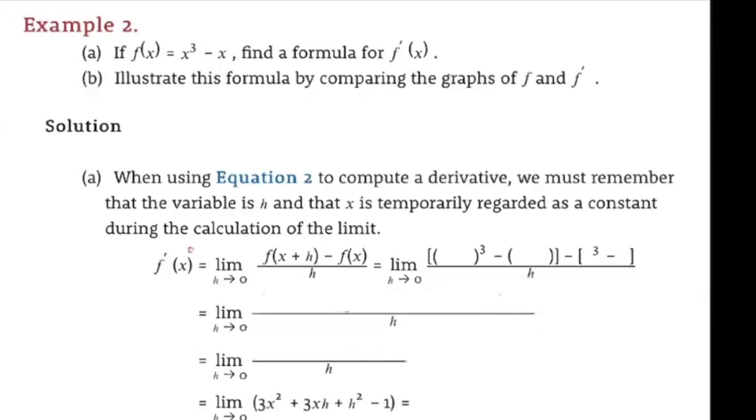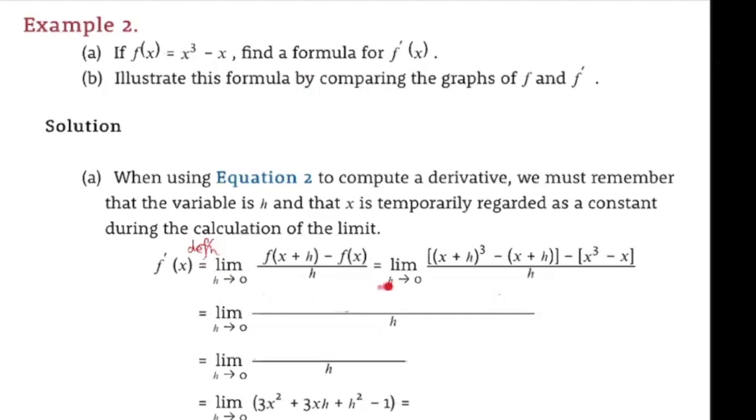That's the definition. Now we're going to substitute x plus h into this function. So this will be (x plus h) cubed minus (x plus h). So this is f of x plus h. F of x is x cubed minus x.